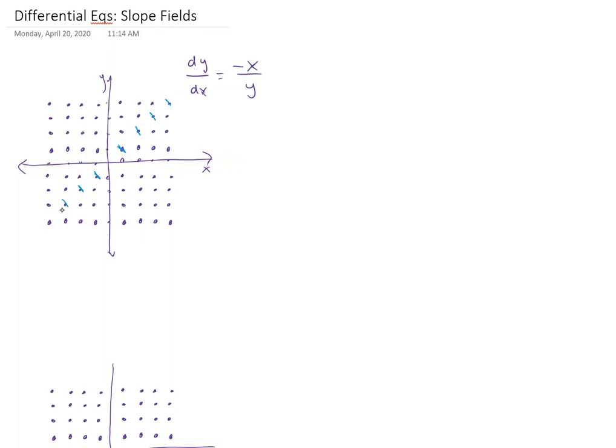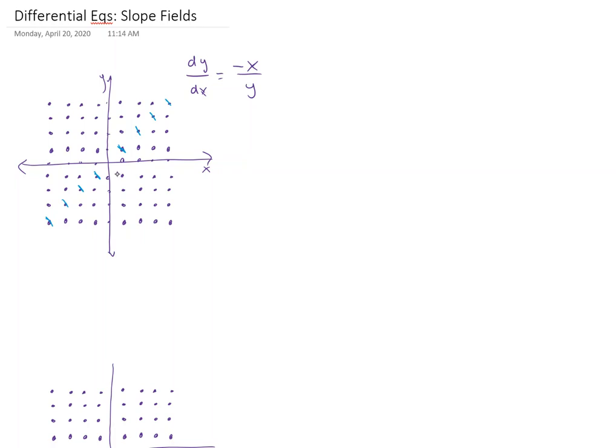So at all these different points, we're saying we don't know what this equation looks like. We don't know what this graph looks like, but we know that if this curve went through 1, 1, it would have a negative 1 slope. If the curve went through 2, 2, it would have a negative 1 slope. And we just don't know what it would look like, but we know it would have that slope if it went through that point. Now, what if it went through the point 1, negative 1?